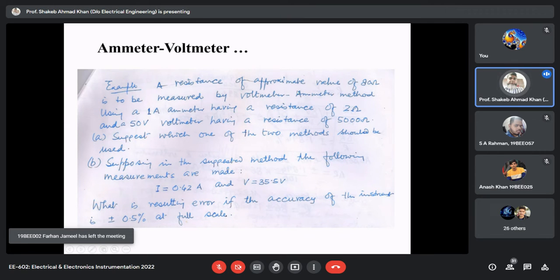A resistance of approximate value of 80 ohm. Somebody was asking how we should know that, because we are in the process of measuring an unknown resistance. So how can you say that it has a higher or lower value? But many times you will find their approximate values are known.